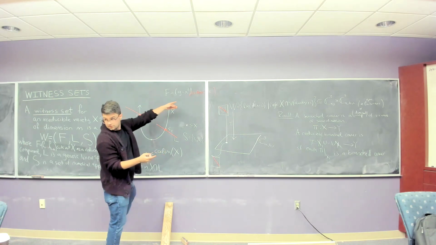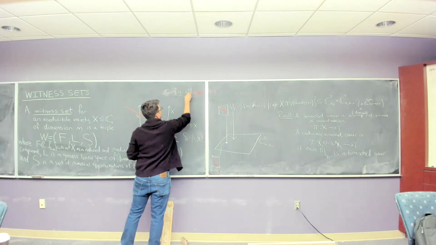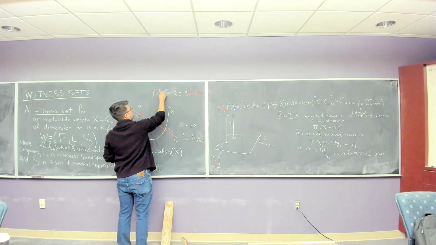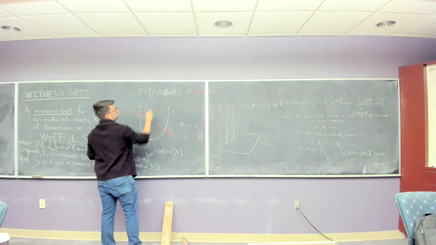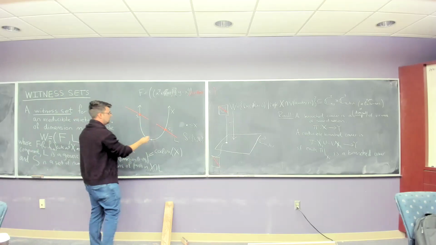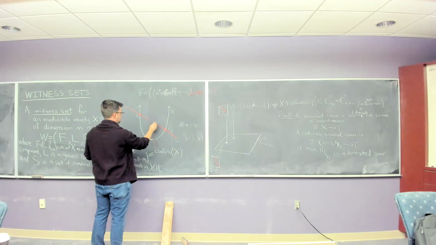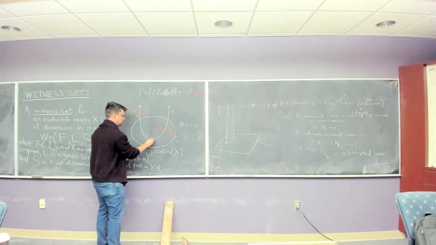So F could be this, but F could also be this. Okay, so now the first polynomial is a product of two. Okay, and indeed I have some. That's a circle centered there.